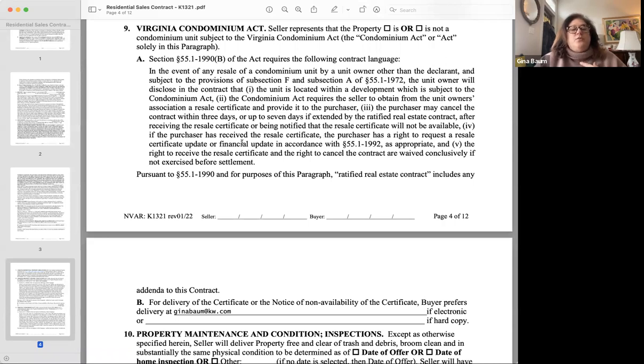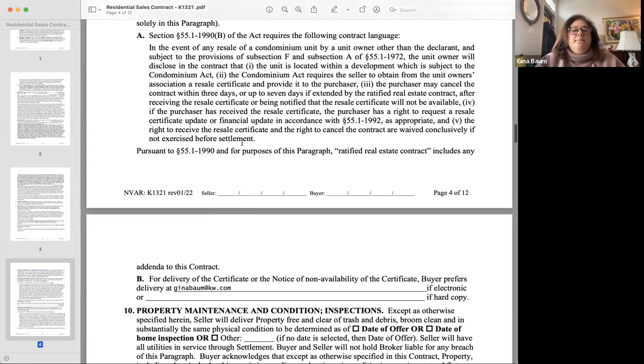If the purchaser has received the resale certificate, the purchaser has a right to request a resale certificate update or financial update in accordance with 55.1-1992 as appropriate, and the right to receive the resale certificate and the right to cancel the contract are waived conclusively if not exercised before settlement. Okay.